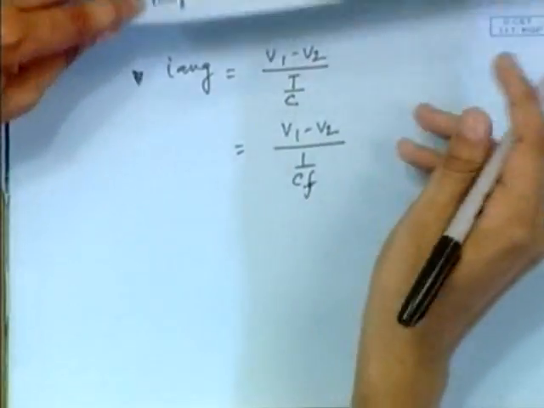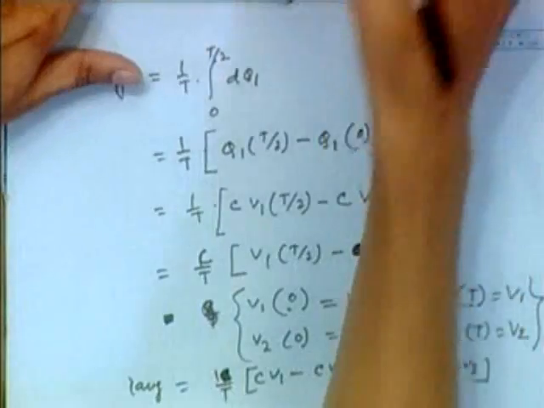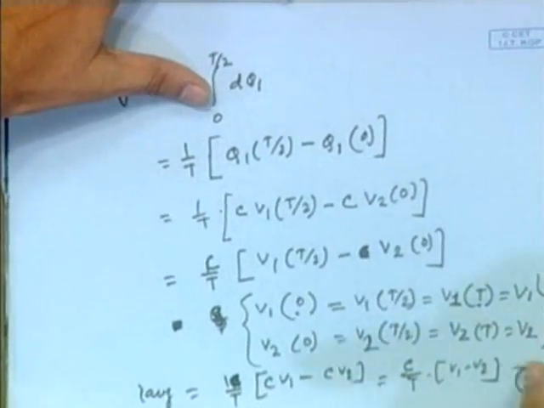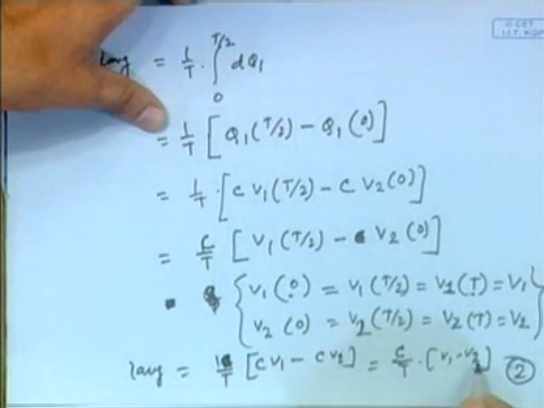Can I write this one? This was the first slide. Second slide, sorry, this is slide 1, 2. I average is equal to C by T times V1 minus V2.